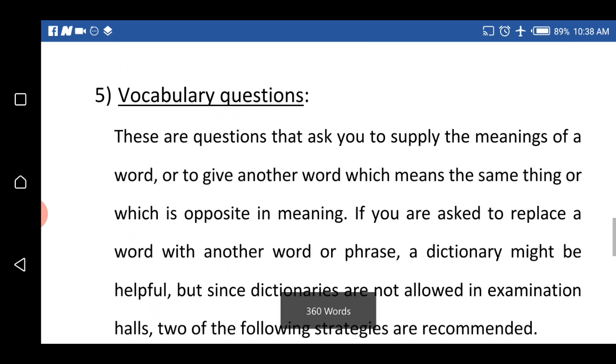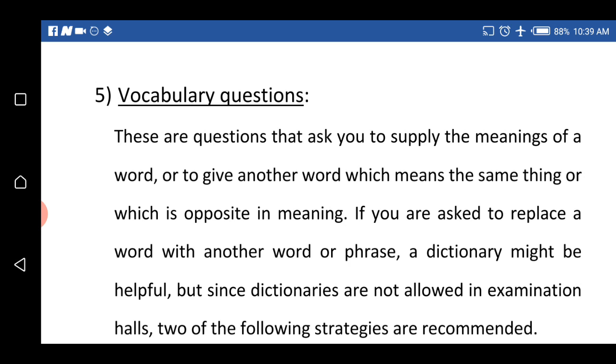These are questions that ask you to supply the meanings of a word or to give another word which means the same thing or which is opposite in meaning.